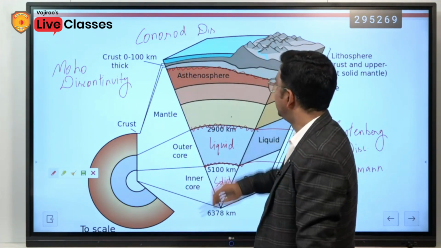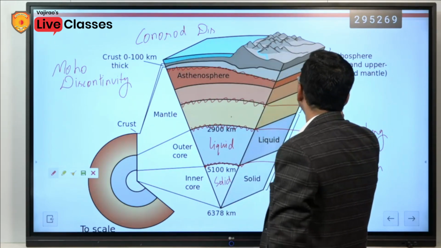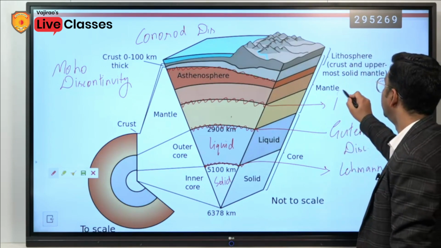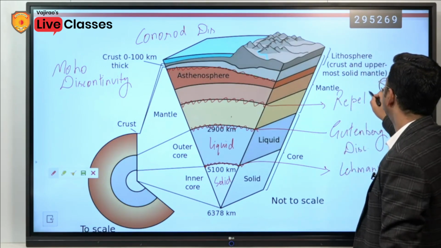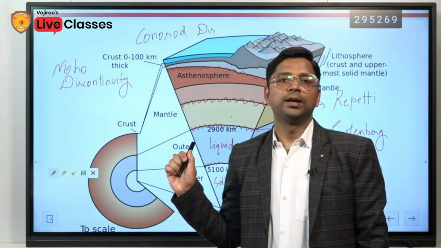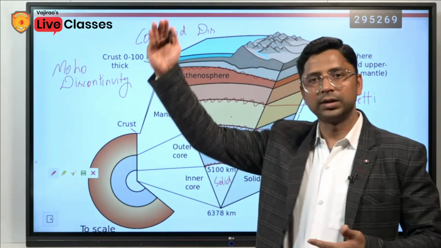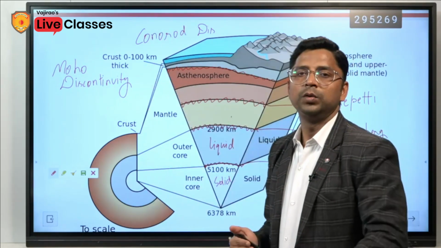As well as mantle can also be divided into upper mantle and lower mantle. This discontinuity is called Repetti discontinuity. This question can be asked in exam, even in prelims: arrange the discontinuities from the crust to the core.